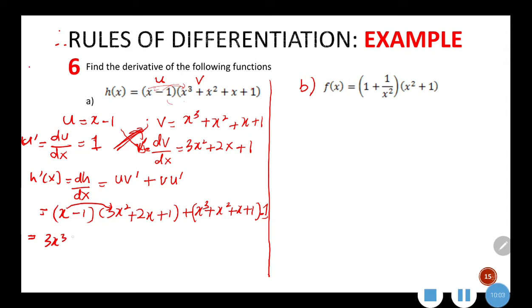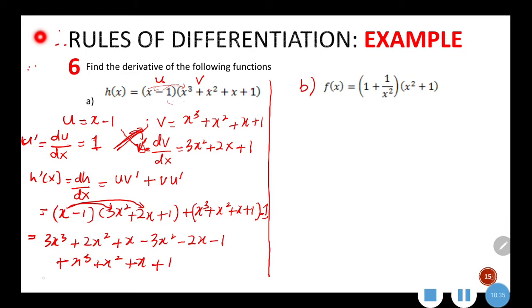So you will have 3x cubed, then 2x square plus x minus 3x square minus 2x minus 1, and then plus x cubed plus x square plus x plus 1.